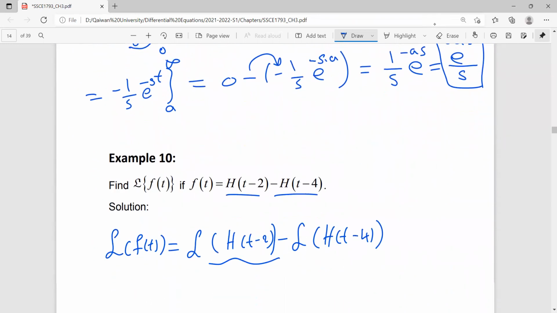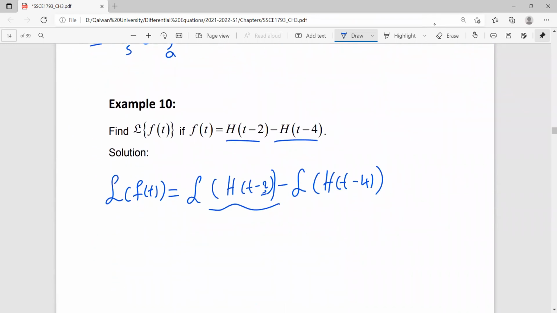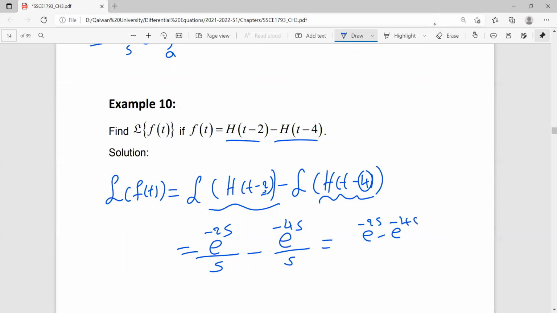Here a is 2. And here a is 4, e to the power minus 4s divided by s. Both have the same denominator s, so the result is e to the power minus 2s minus e to the power minus 4s, divided by s. This is the Laplace transform for that unit step function.